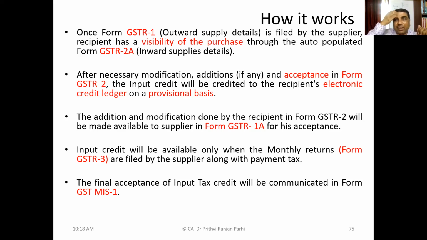So if he wants, he can accept it or he can modify it. Those possibilities are also there. He can accept the form, or in GSTR 2 he may modify it. After that, finally, when GSTR form 3 is filed, the credit can be confirmed. Finally, the acceptance of input credit will be communicated by a form called MIS1.